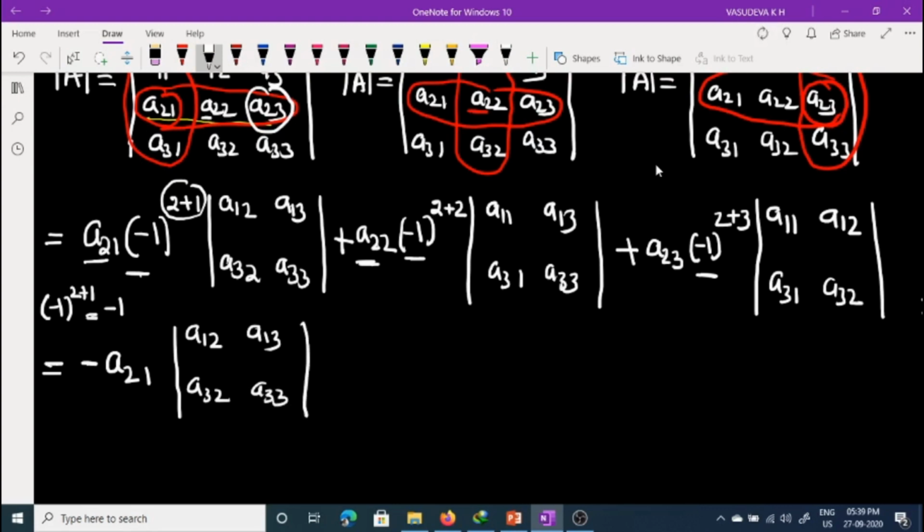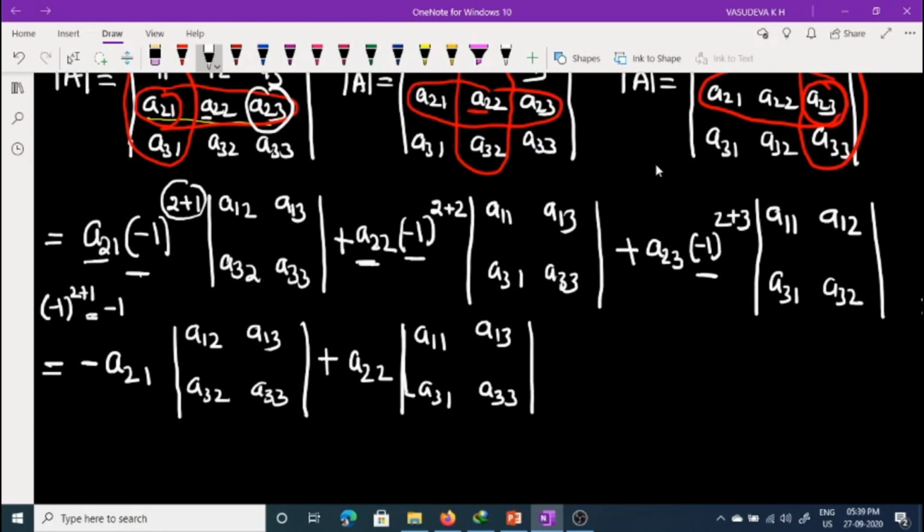And here minus 1 to the power of 2 plus 2 is even, so it is plus. Odd gives minus, even gives plus. So plus A22 into determinant of A11, A13, A31, A33.